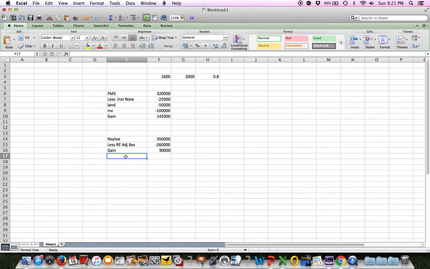His gain recognized is this number. And his gain recognized is the liability relieved in excess of what he transferred.